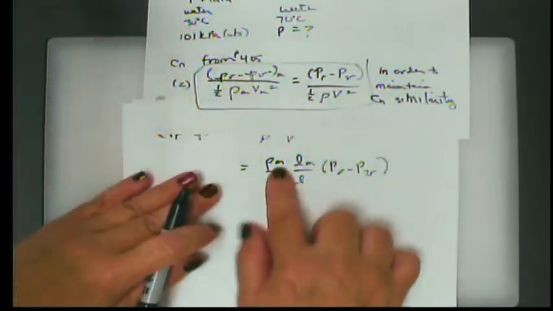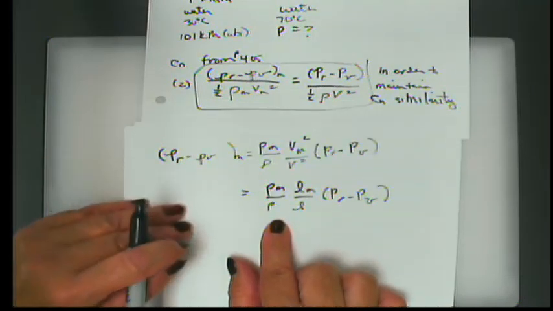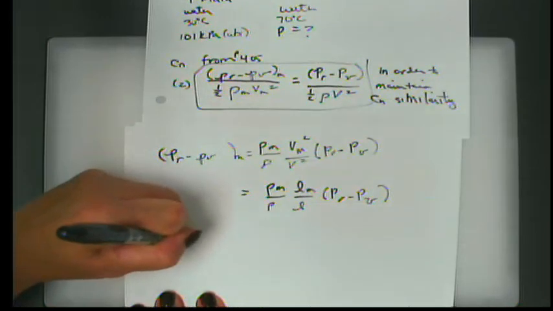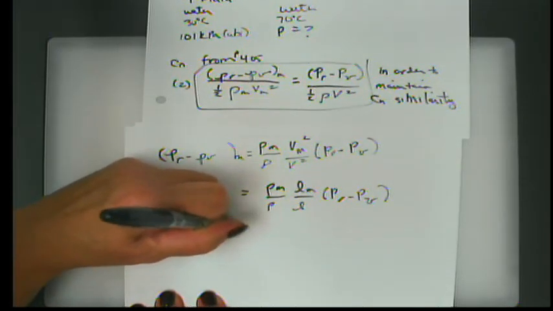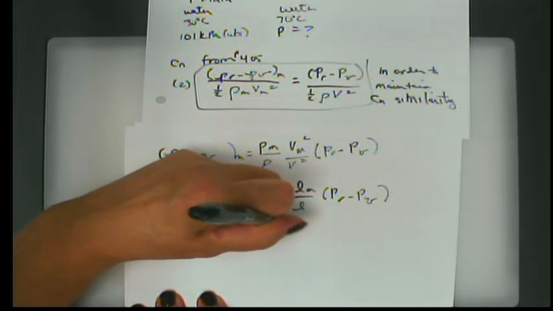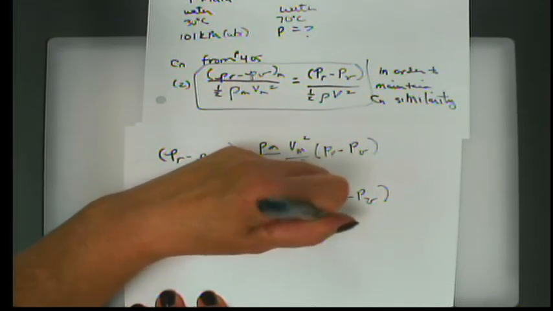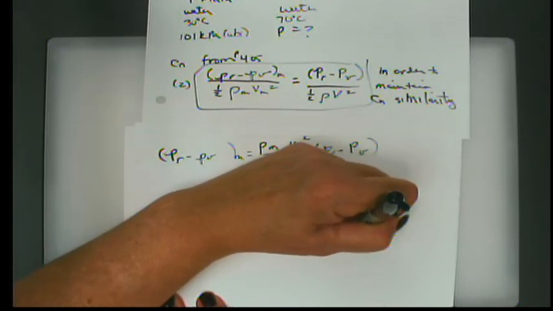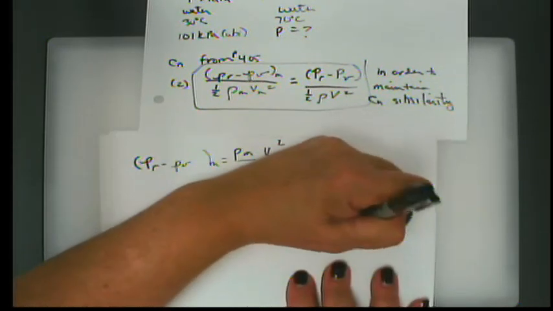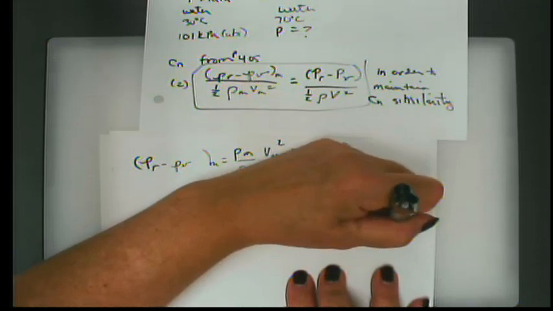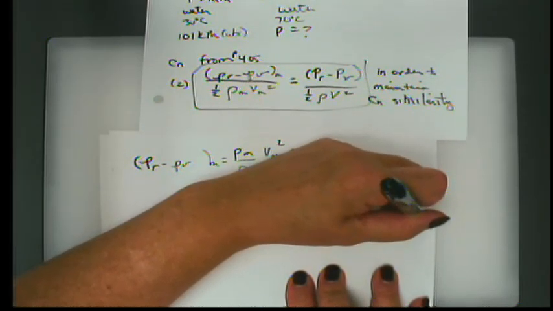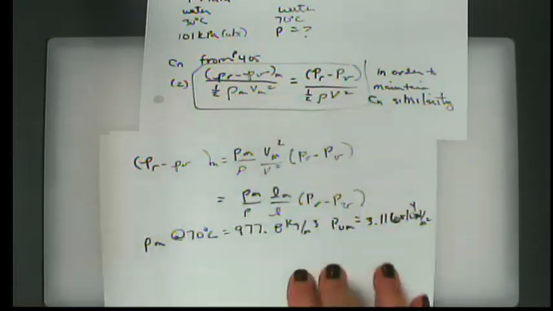Now we have some density issues. We know that the density of the model, which is water at 70 degrees centigrade, is 977.8 kilograms per meter cubed, and that the vapor pressure at those conditions is 3.1 times 10 to the 4th Newton per meter squared.